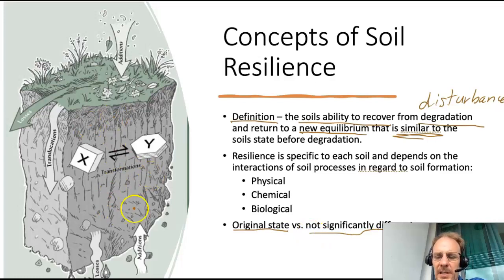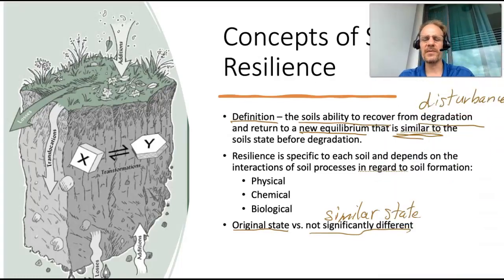Think of this not significantly different state as being a similar state to the pre-disturbance. The reason for that is soils are complex. There are lots of moving parts, lots of things going on with soil, and so to actually get it back to its previous state is not really practical, but can we get it back to a very similar state?